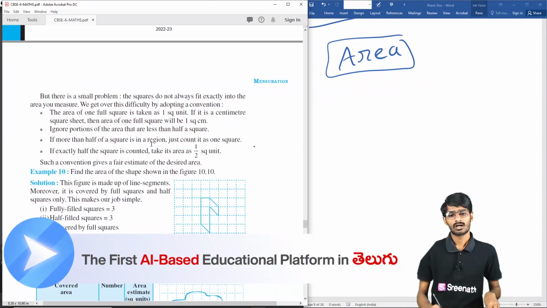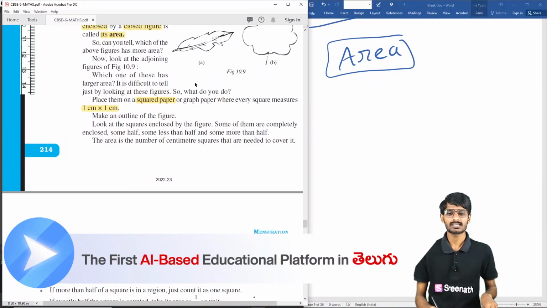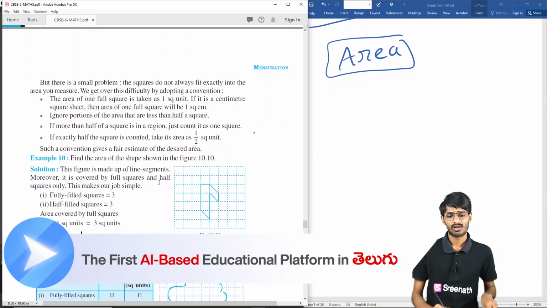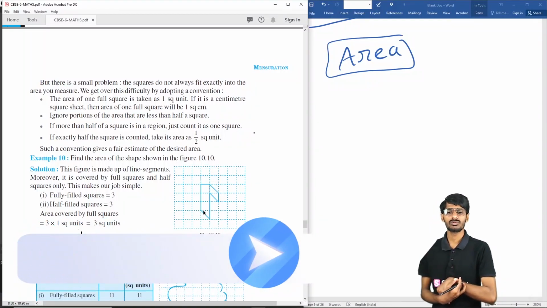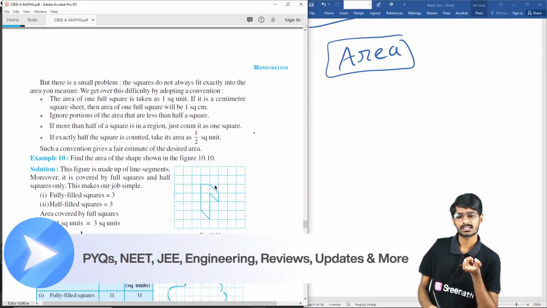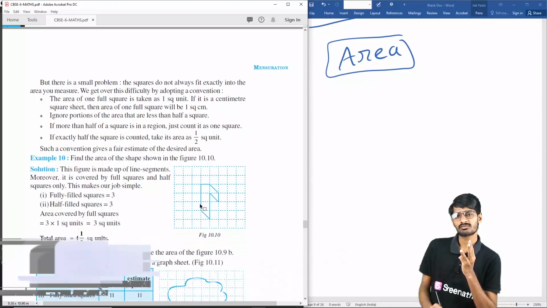After that, we have to place these figures on this square grid paper, and look at how many squares the shape or figure is occupying. Suppose here it is occupying 1, 2, 3, so it is occupying 3 full squares.